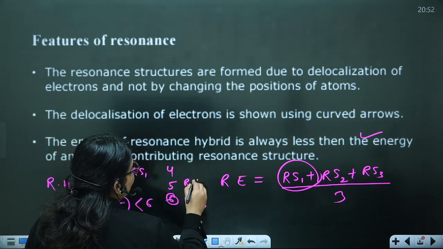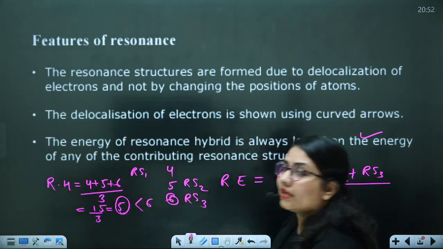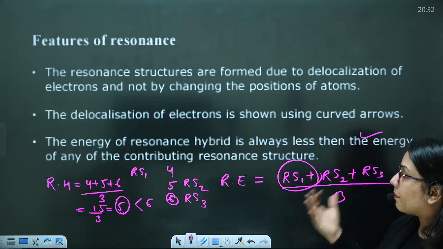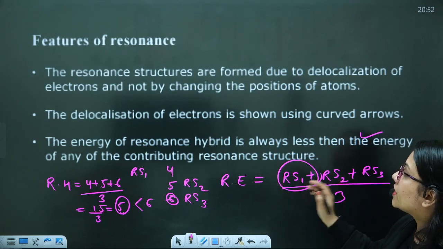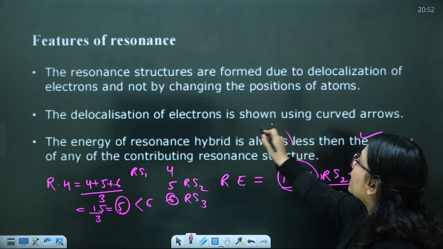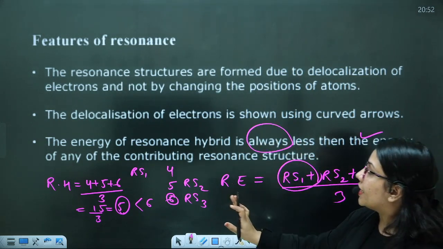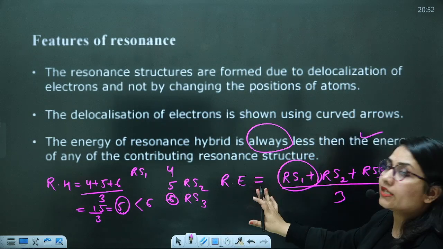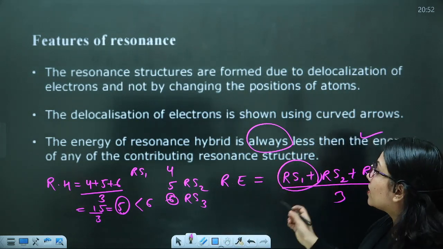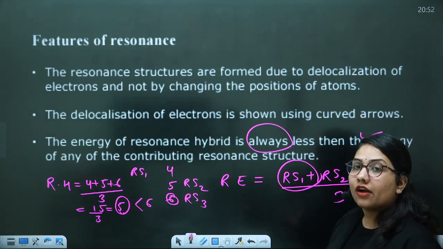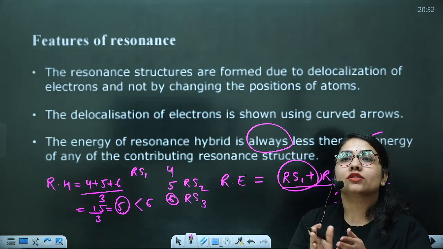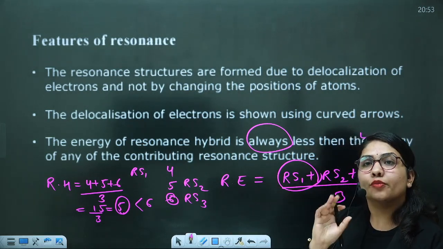Okay, so from here we get to know that it always happens that the energy of the resonance hybrid is less than the energy of any of the contributing resonance structures. Why does it happen? Because this energy is the average of the energies of all the resonating structures of a particular molecule.